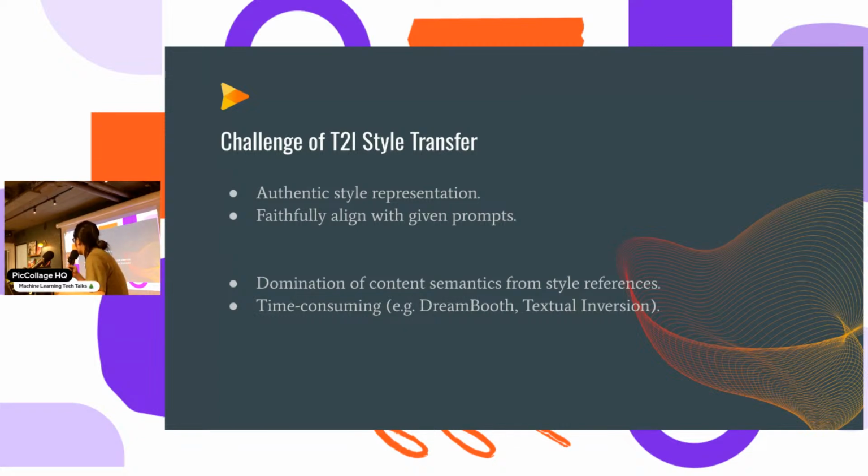And the second thing is that some methods need fine-tuning, like StyleBooth or textual inversion. They need dozens of minutes of inference-time fine-tuning for a new style. Sometimes it's just too time consuming. We want a tuning-free model, or even a fast fine-tuning, to reduce the time we need for a new style. It will let T2I style transfer be more flexible.